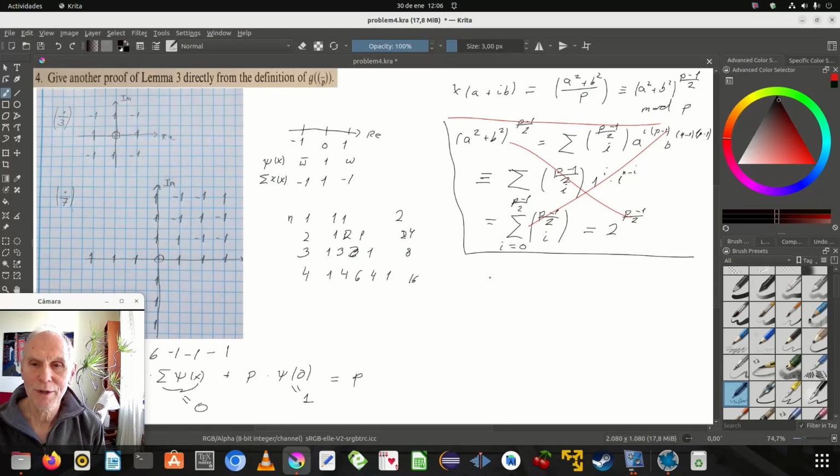We have to compute this symbol, and a and b, let's assume, now if a is naught, then it gives unity. So let's assume a is distinct from naught. Then b divided by a makes sense in F_p.